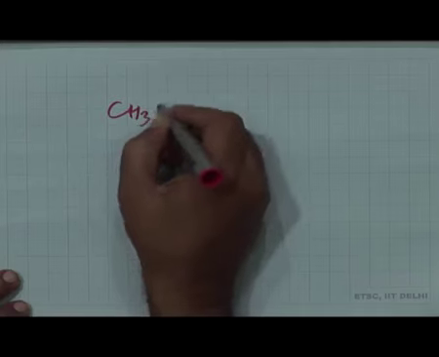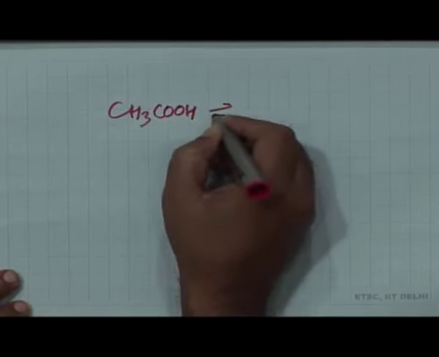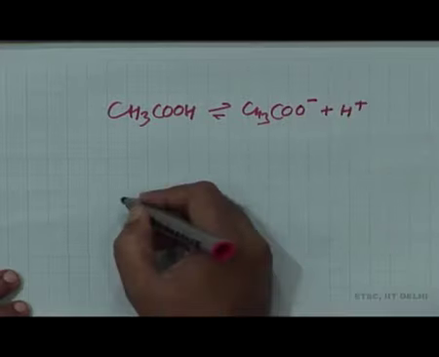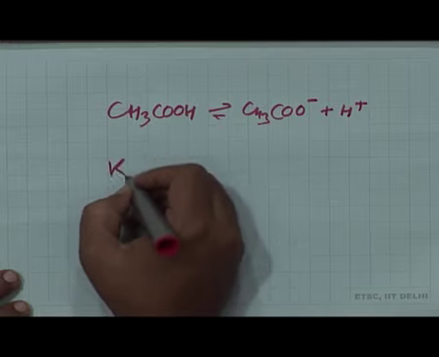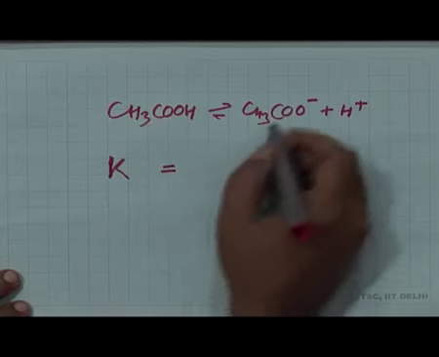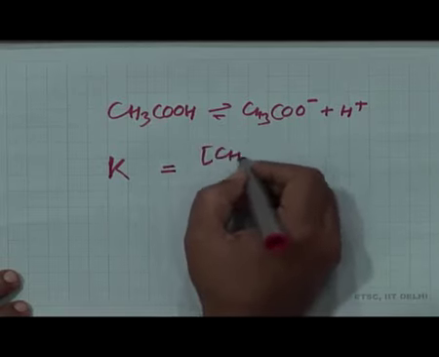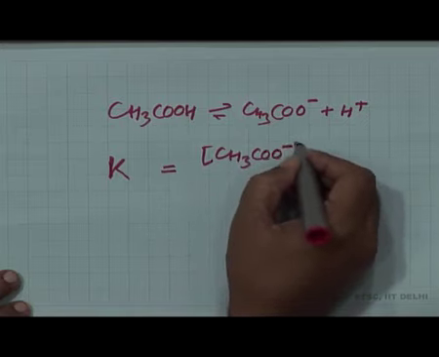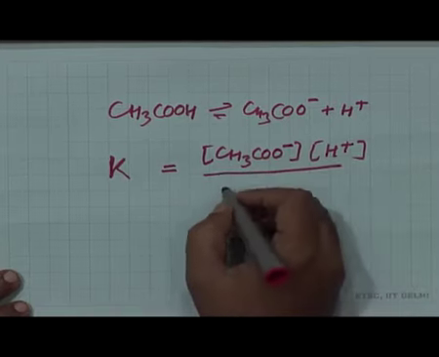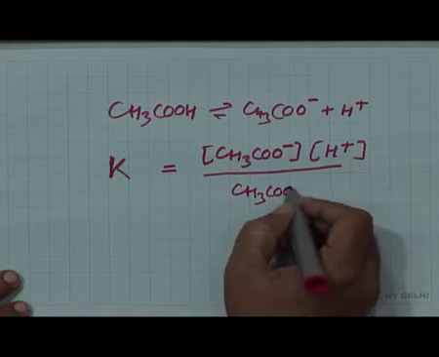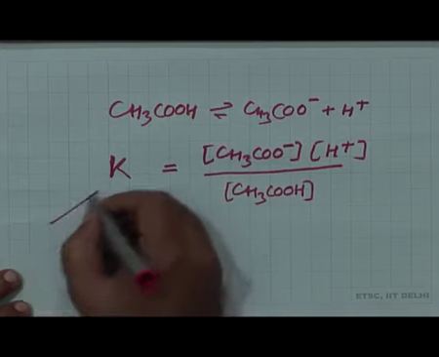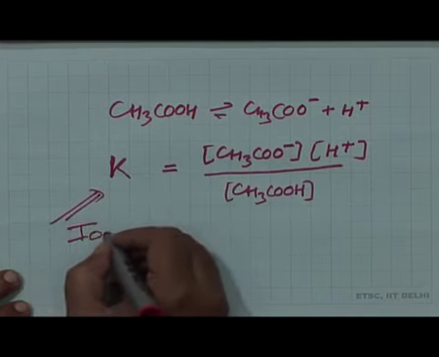So, if I take the case of this weak electrolyte, which is your weak acid also, we can simply apply the equilibrium concept, K, which is basically the concentration of products over reactants, and this constant is called the ionization constant.